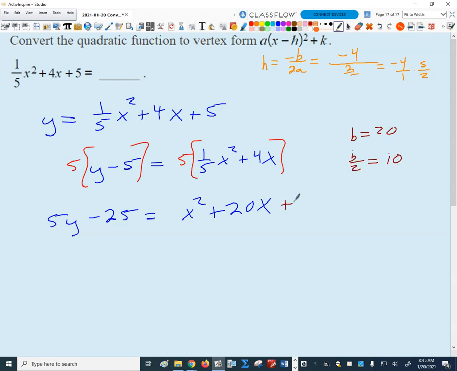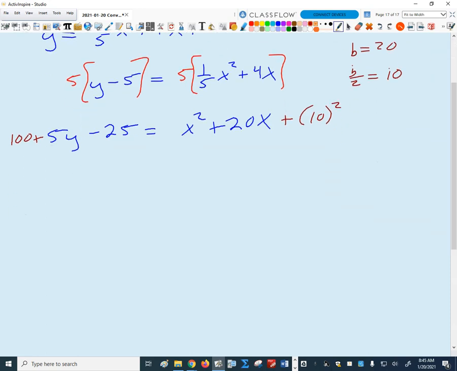So I'm just going to add 10 squared, which is just 100, to both sides. And we end up with 5y plus 75 equals x plus 10 squared.